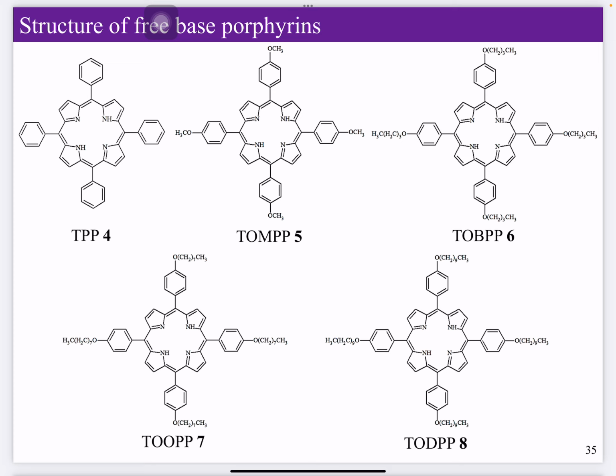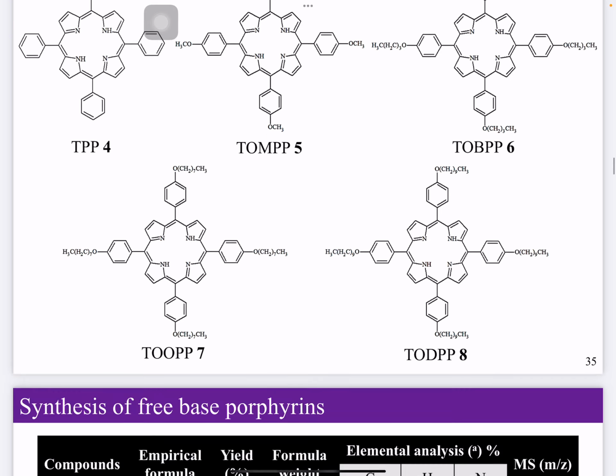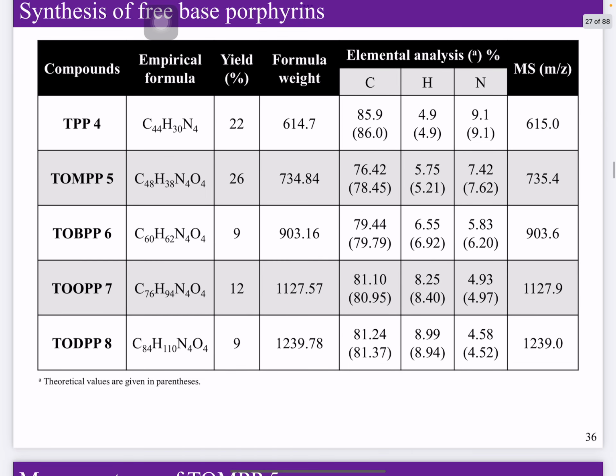Or octyl, so that means we have 8 carbons located next to the oxygen that bonds with the para positions of the rings, and also decyl, with 10 carbons. We succeeded in preparing all of the free base porphyrins with a good yield, even though 9% is higher than some of the reports, and the CHN analysis confirms agreement with what we expect.